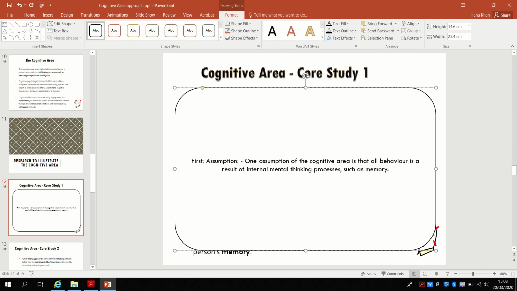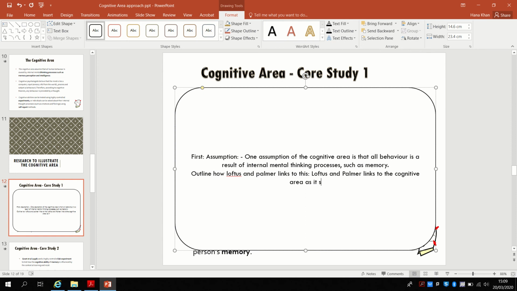That's the first thing you do. You probably get about 1 mark for that. The next thing you do is outline how Loftus and Palmer links to this. So Loftus and Palmer, please write this in your booklets, by the way, links to the cognitive area as it studied memory and how memory is reconstructive.